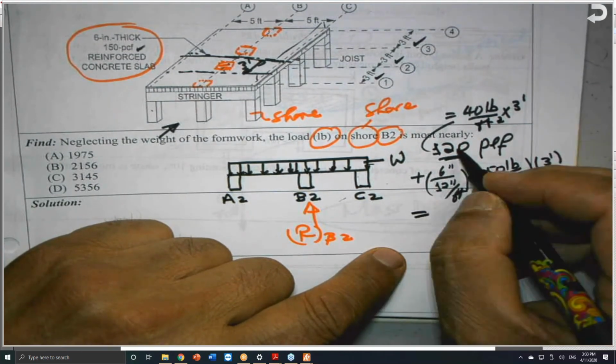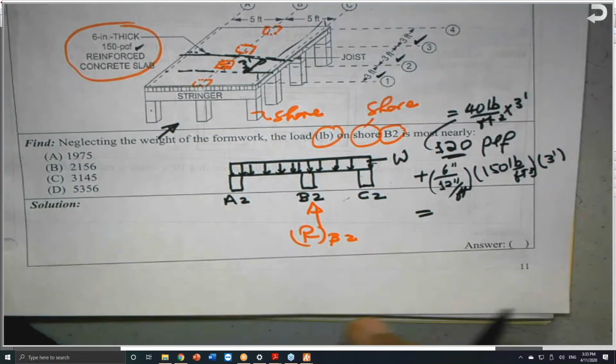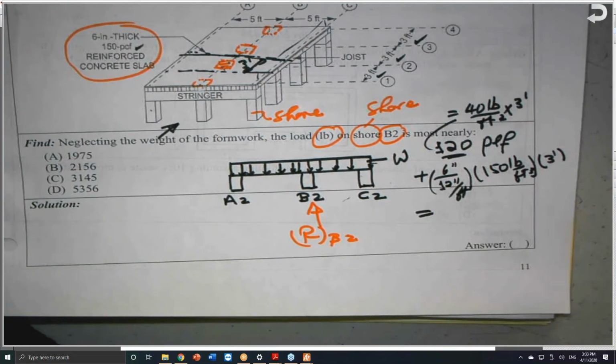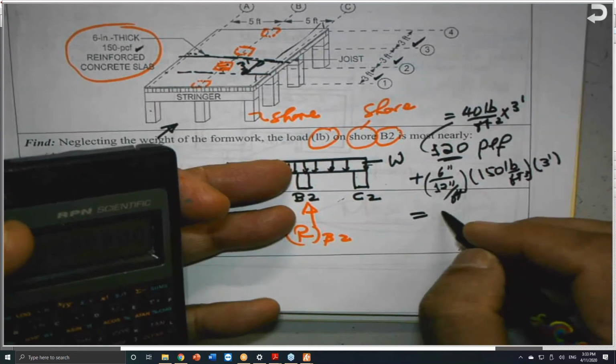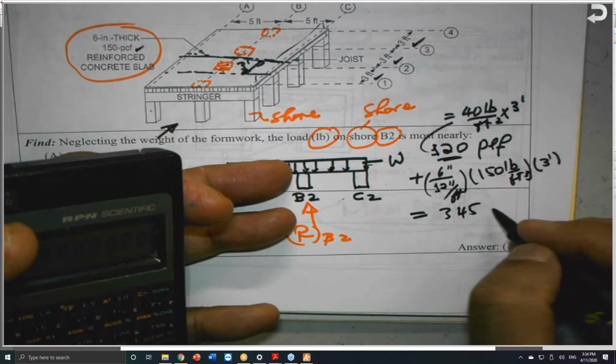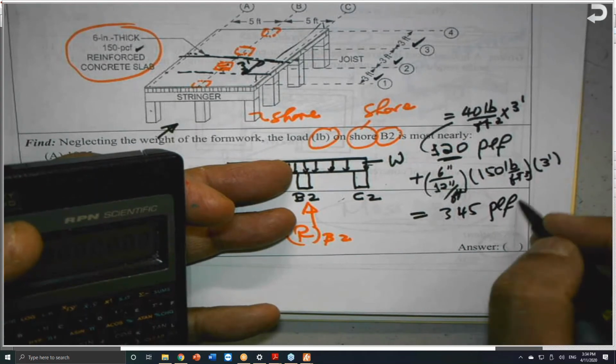So if you add this to 120, it is 6 over 12, which is 1/2 foot, and 150 times 3, and 120 plus. So I got 345 PLF, pound per linear foot.